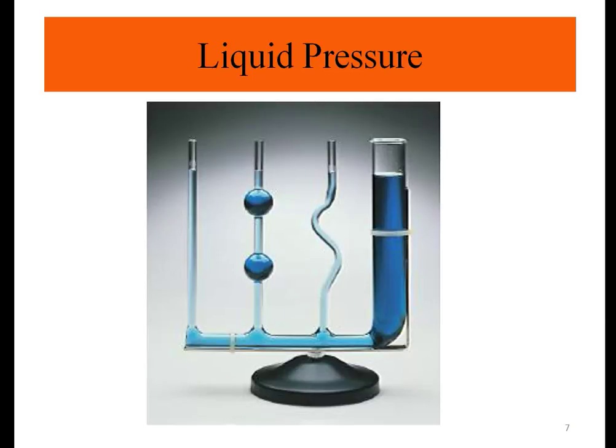Since we have the same density and the same height, we can say that the liquid pressure for all these containers is equal, no matter what shape we have in this picture. So for all these containers we have the same liquid pressure. That's why we have the same height in this example.